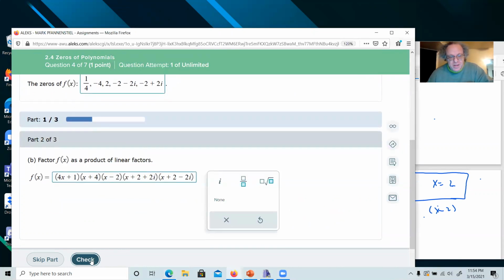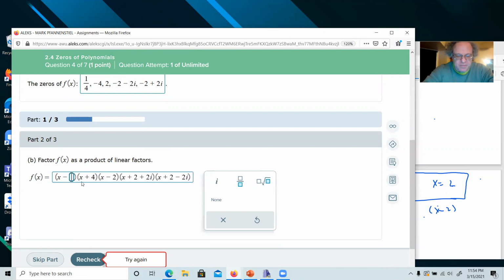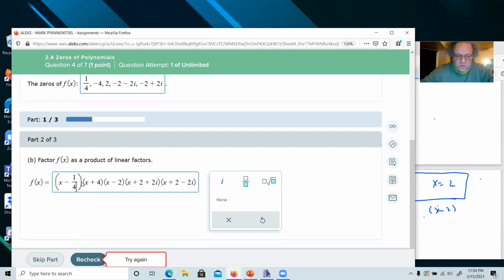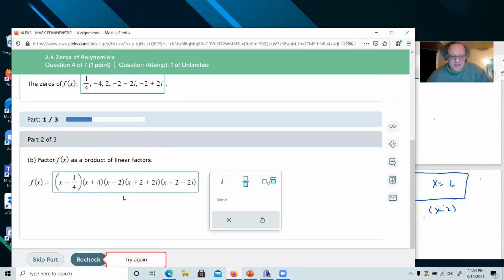Okay, check. Didn't like it. I'll bet it's here. x minus 1/4. All right, let's see if that goes. Still doesn't like it. I'm just gonna punt.